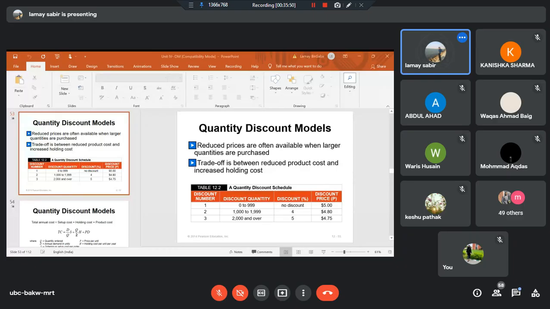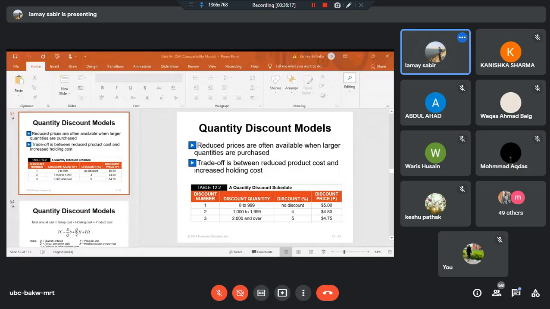So quickly, I'm coming back to the quantitative discount model, and I'm telling you what is the difference in the calculation in this model vis-a-vis the previous model, that is the basic EOQ model. In the discounting model, we have three ranges of quantity and three prices. One price for 0 to 999, so we have to calculate EOQ for this.